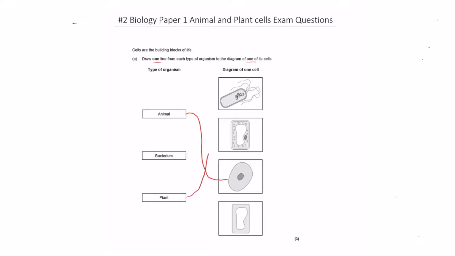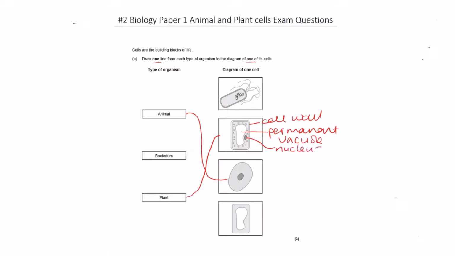only the second picture or diagram can be a plant cell, because we have the presence of a cell wall and we have the permanent vacuole. We have the nucleus.